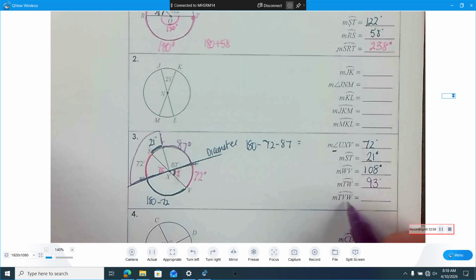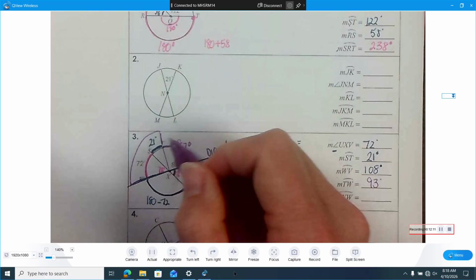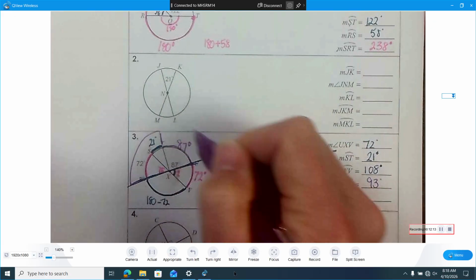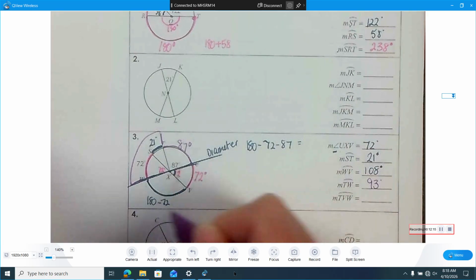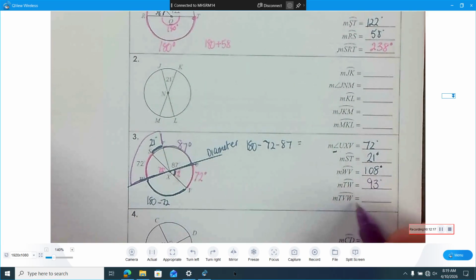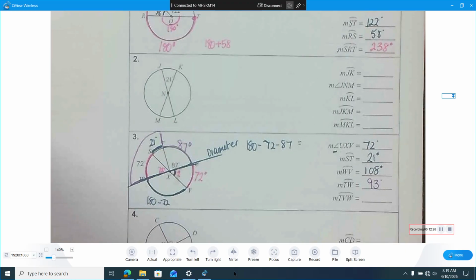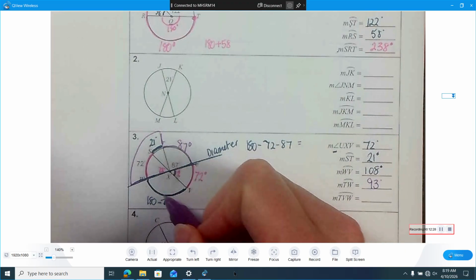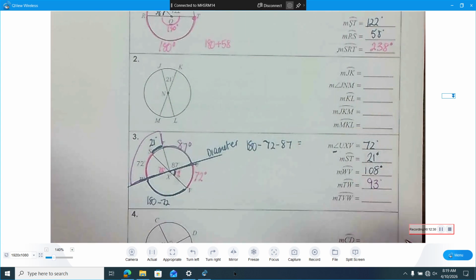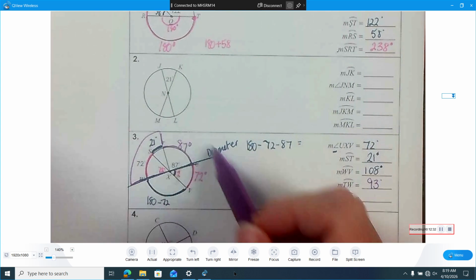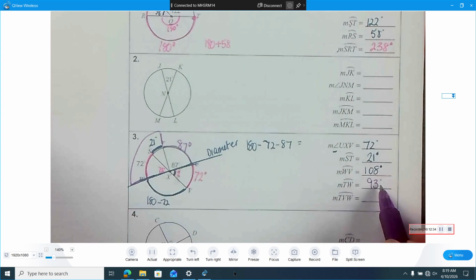Versus this one, TVW. TVW is the whole other side. So what can we do to get arc TVW? Okay. You said 180 plus 87? That's right. That would work, yeah. 180 degrees plus 87 would work. Could I also do 360 minus the 93 I just found?